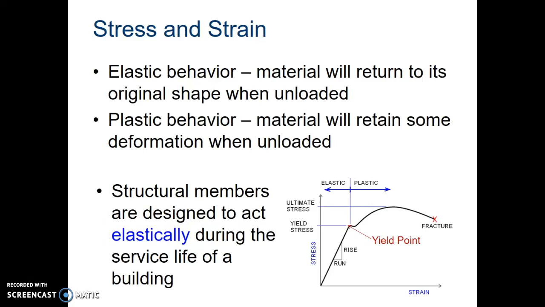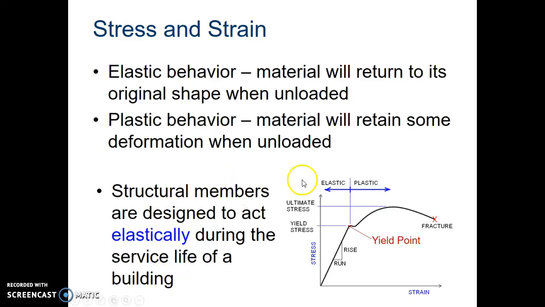When you take the stuff off of it, unload that flatbed truck trailer, the elastic behavior takes over and it returns to having an arch. But if you actually take the load off and it doesn't return to the arch shape, that's called plastic behavior. And plastic behavior is when material retains some deformation when it's unloaded.